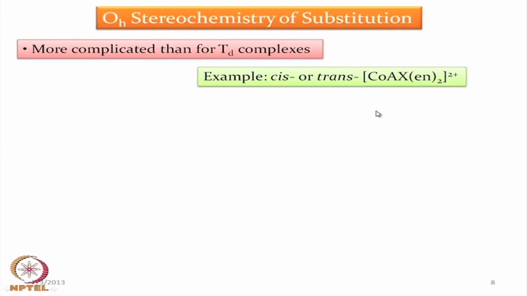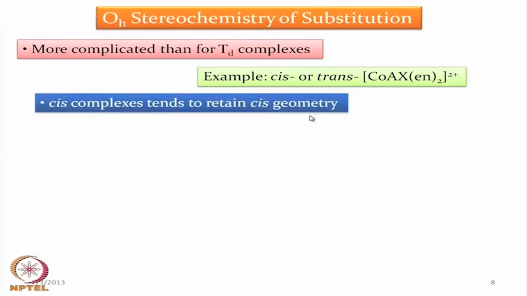And this particular substitution, how it is varying, that means what type of geometry we can have for the substitution reaction of our chloride with say a water molecule or the hydroxide group.